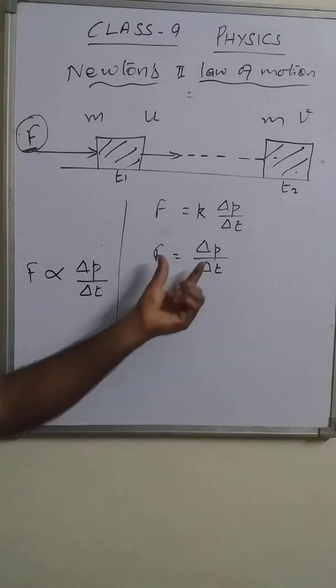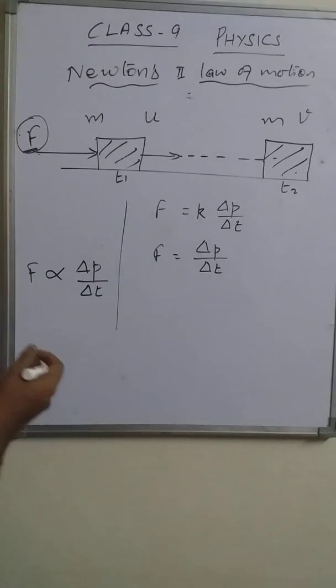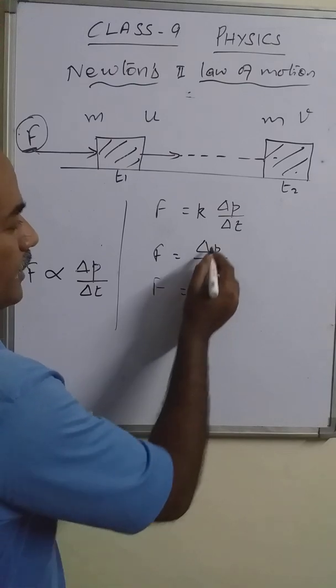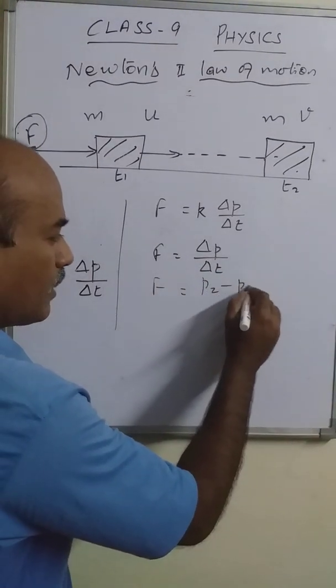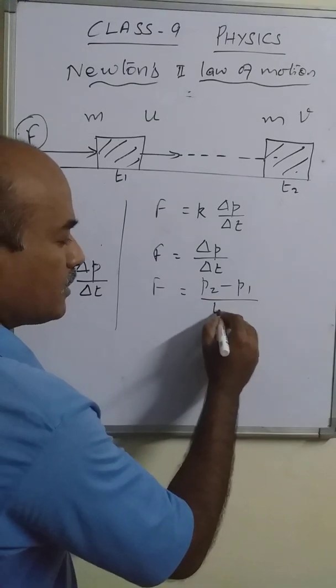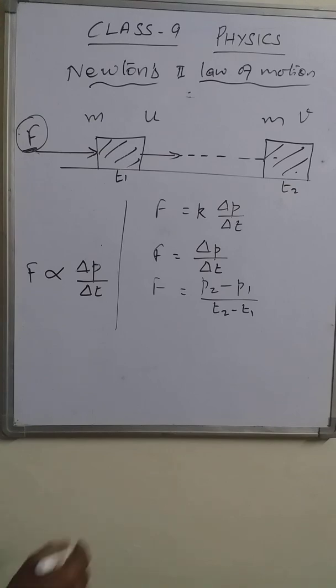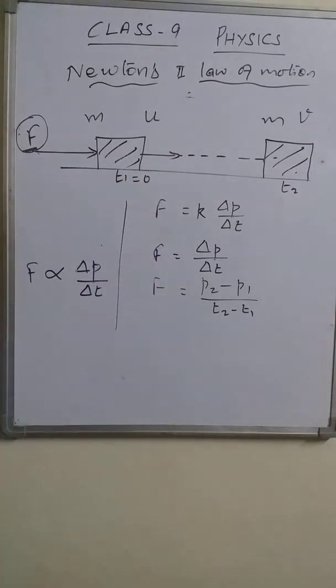Right? Okay. Now let us move on to the next part to obtain the formula for the calculation. So F is equal to delta P, that is change in momentum, P2 minus P1, upon delta T, that is change in time, T2 minus T1. Whenever we are going to observe the motion of any object, in the beginning we consider the time is 0.